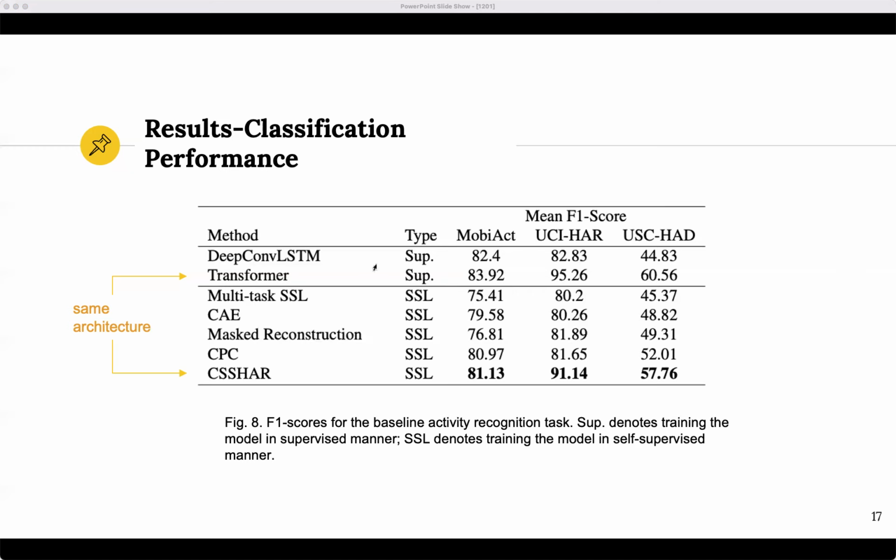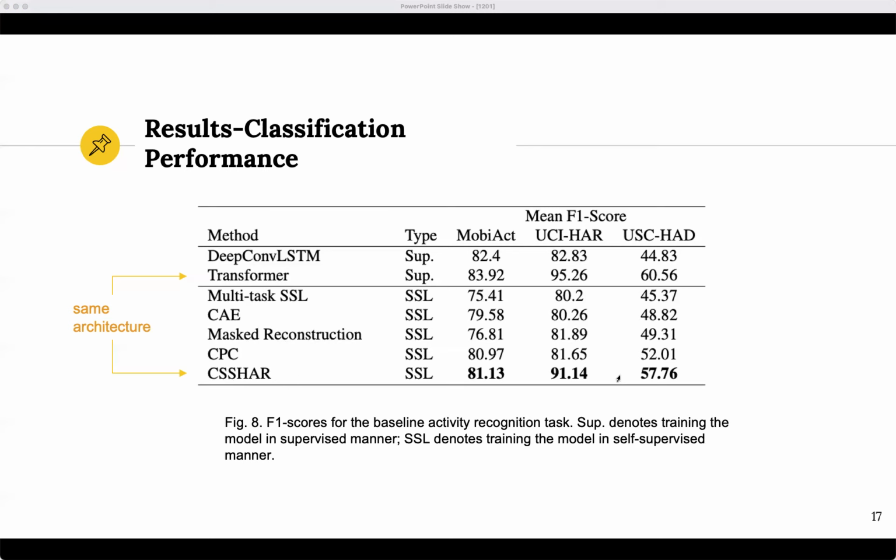Because you can see the results from the transformer in 3 data sets are obviously better than the CSS HAR, even though they have the same architecture.